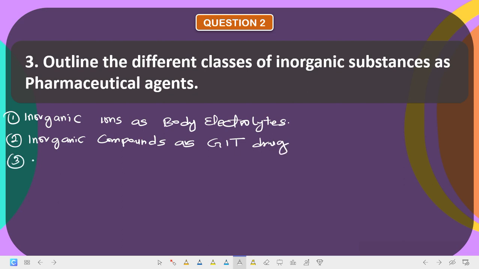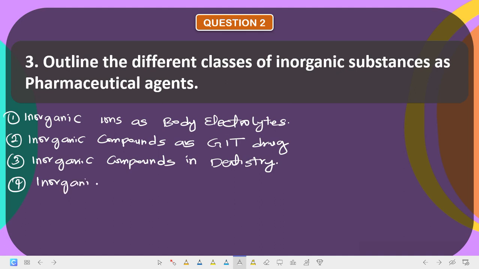Then we have inorganic compounds in dentistry. Then we have inorganic compounds as complementary agents.